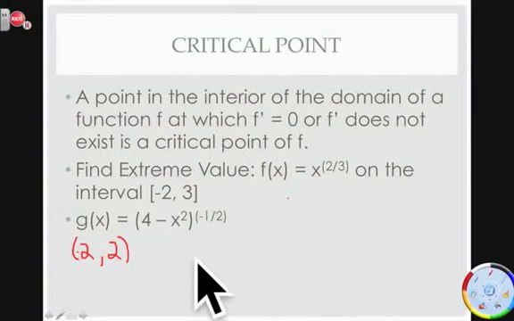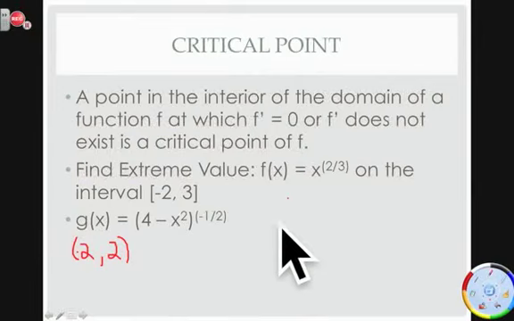I like writing it like this because I don't have to use the quotient rule. I can just use the chain rule and the power rule.